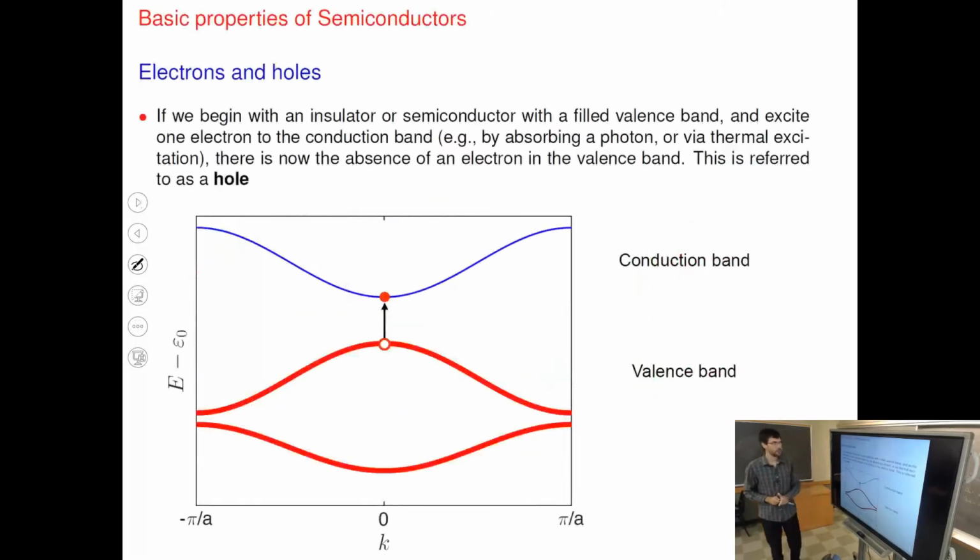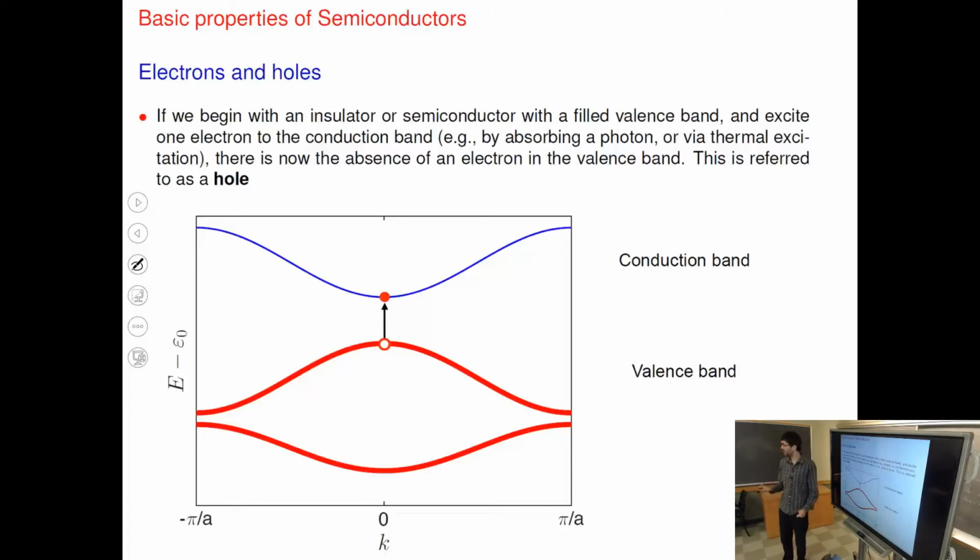All right, now back to semiconductors. We need to cover some basics of semiconductors and introduce or expand on some important concepts. So back to this situation where we, for example, shine a photon on this crystal of a semiconductor, and we take one electron up to the conduction band.